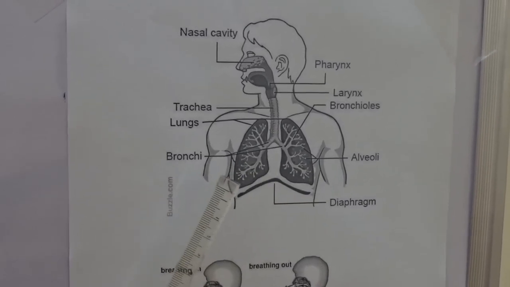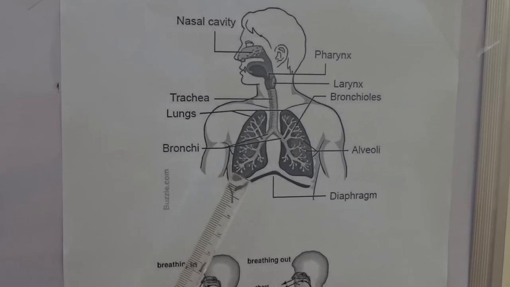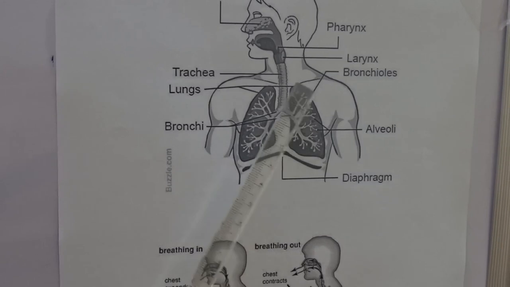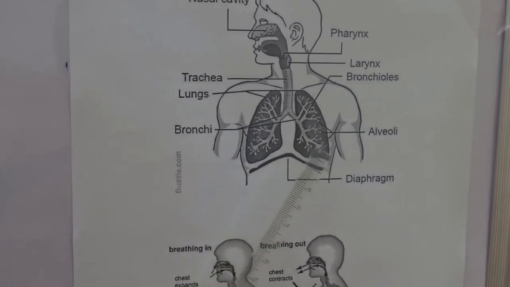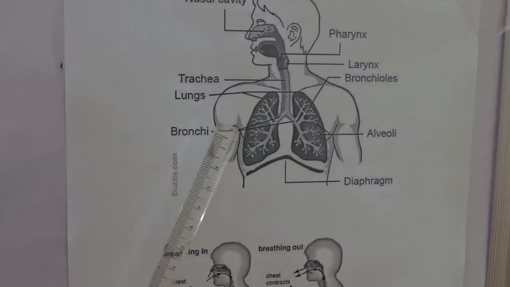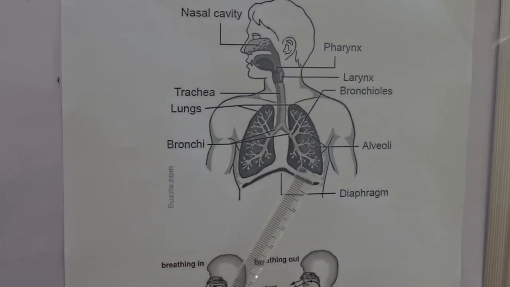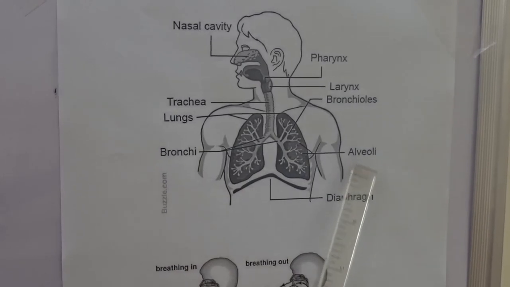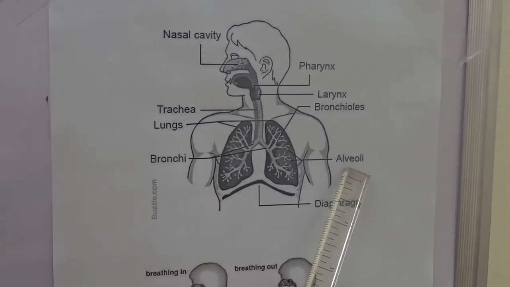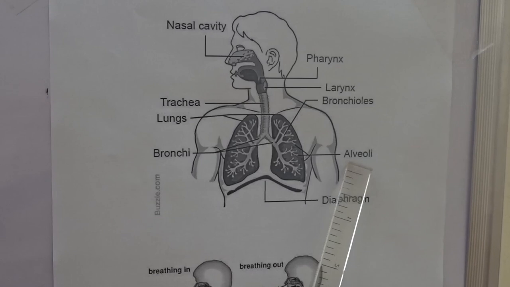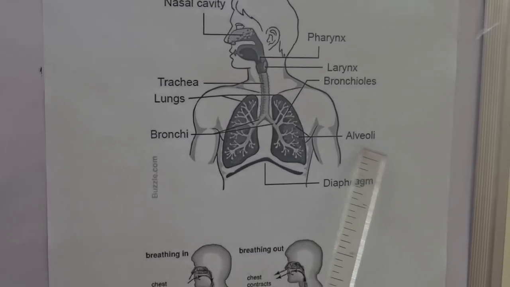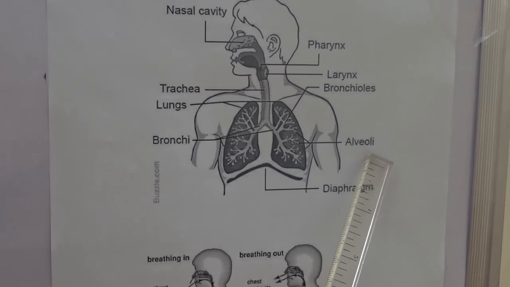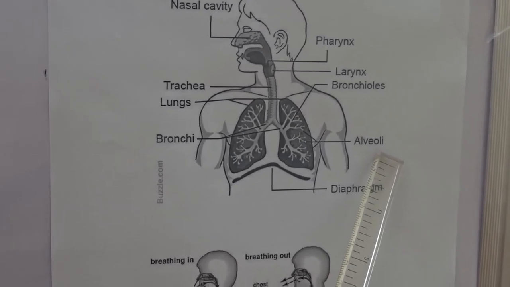The right lung is formed of 3 lobes, and the left lung is formed of 2 lobes. Lungs are a spongy structure, and the bronchioles in turn branch into fine bubble-like structures called alveoli. These alveoli are surrounded by blood capillaries for the exchange of gases.